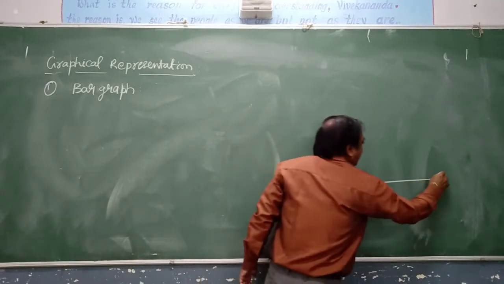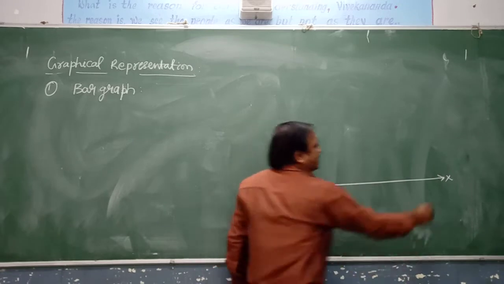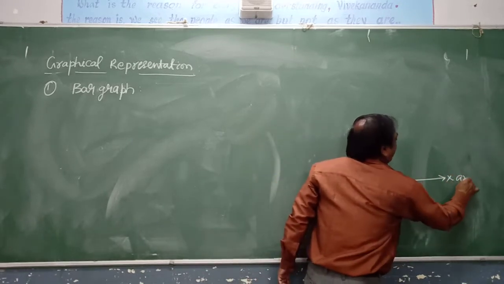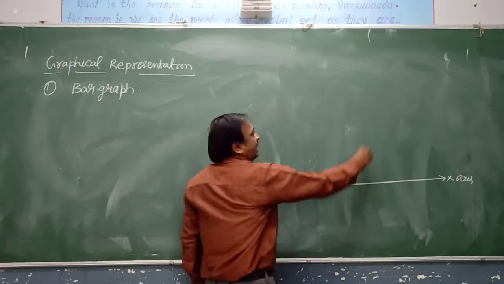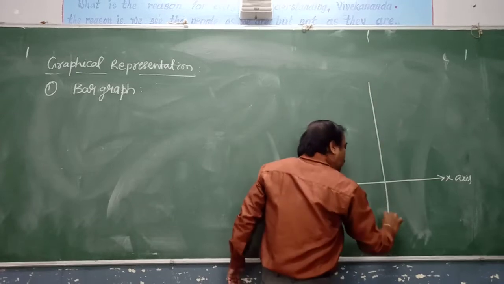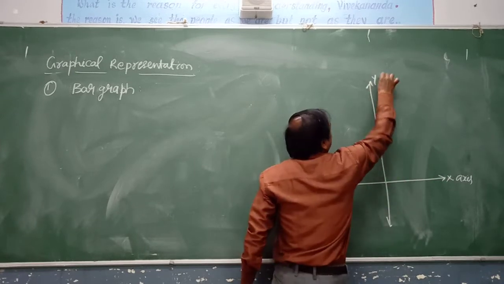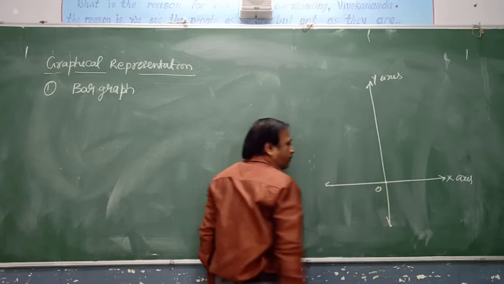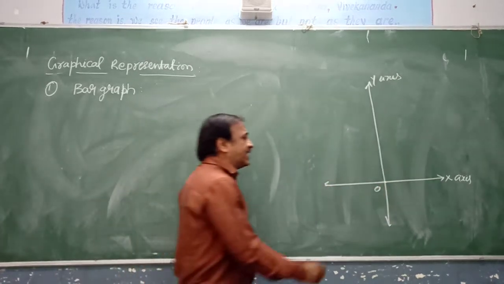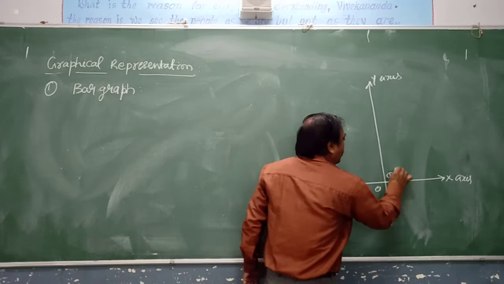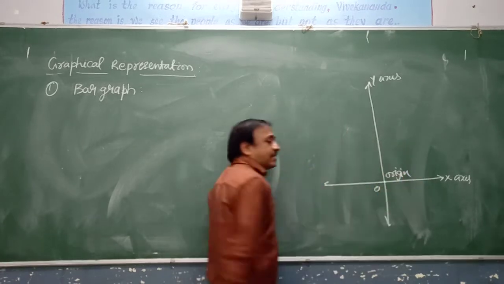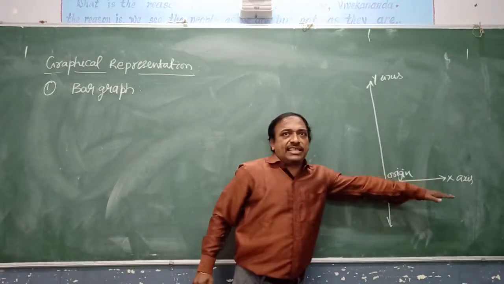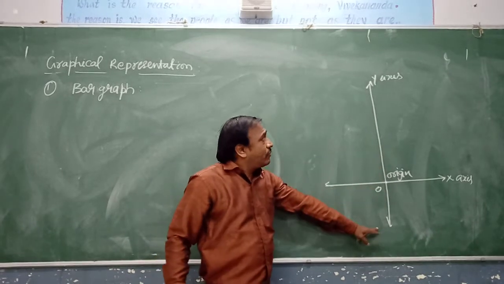The horizontal line is called the x-axis and the vertical line is called the y-axis. Where the two axes meet, that point is called the origin and it is denoted by O.